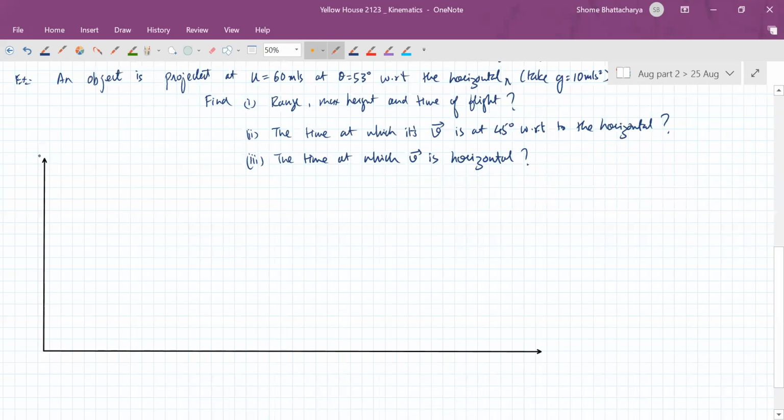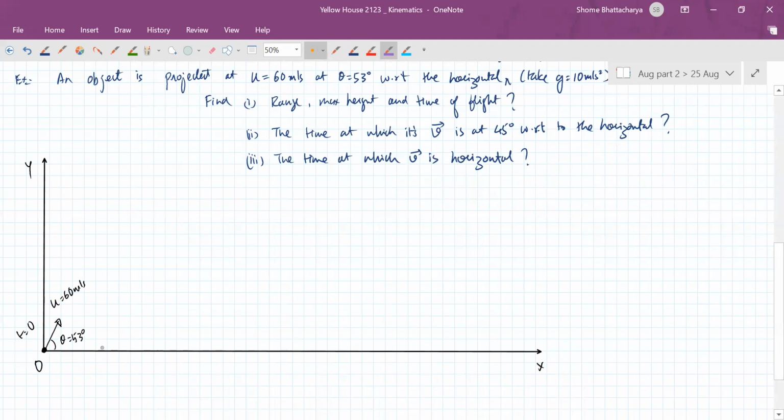Okay, so if we're taking this as the y-axis, the vertical, and the horizontal as our x-axis, as you do, then at t equal to 0 it is projected at 60 meters per second, and this angle is 53 degrees.